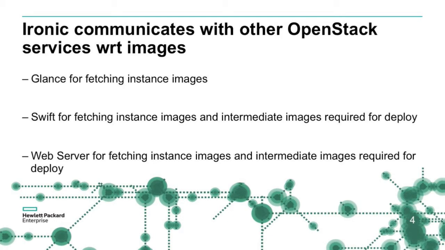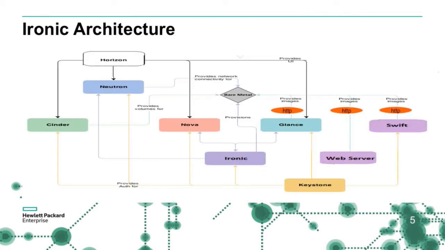These are the touch points where you want to use HTTP or HTTPS with the different services like Glance, Swift, or the web server. If you do not have self-signed certificates, or you are not going to use your own certificate, then you will have to fall back to HTTP.